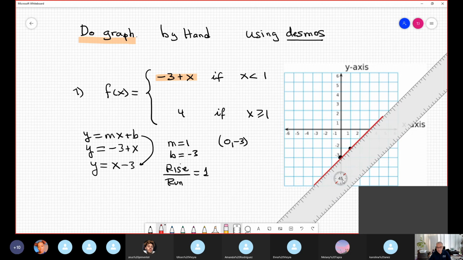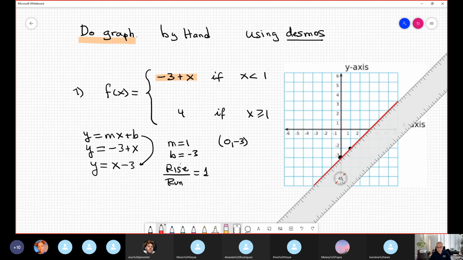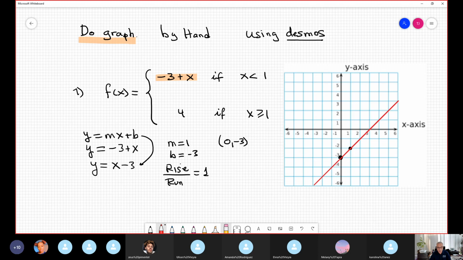Somebody asked me how you get the coordinate. Do you understand this point? Yes or no? (0, -3), I plot that.